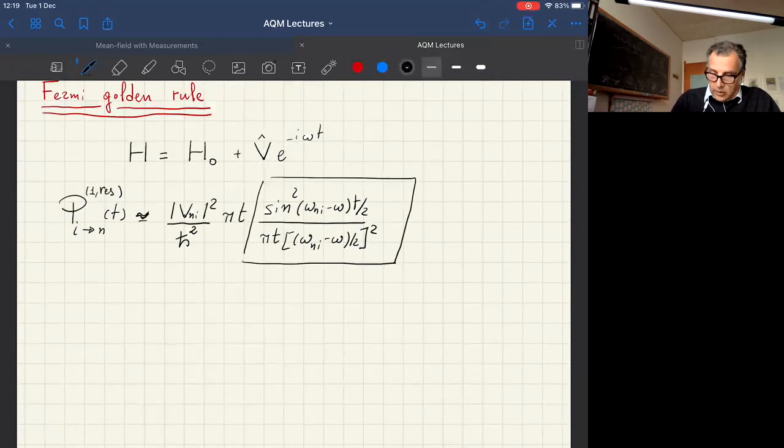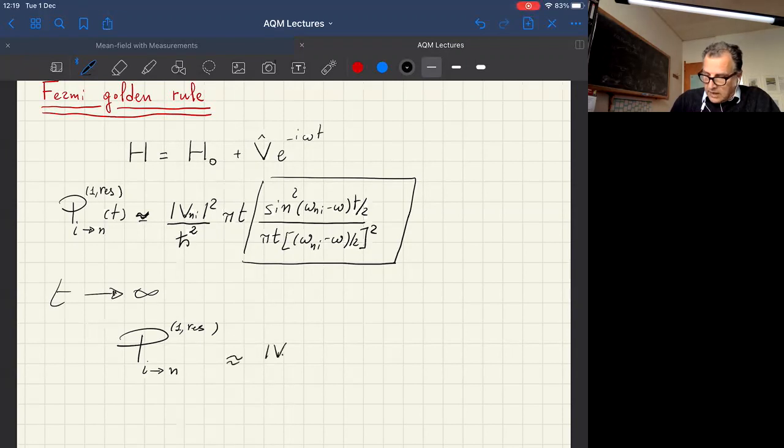This means that when T goes to infinity, or becomes very large, then the probability on resonance to go from the state I to the state N is V_NI squared divided by h bar squared times pi T.